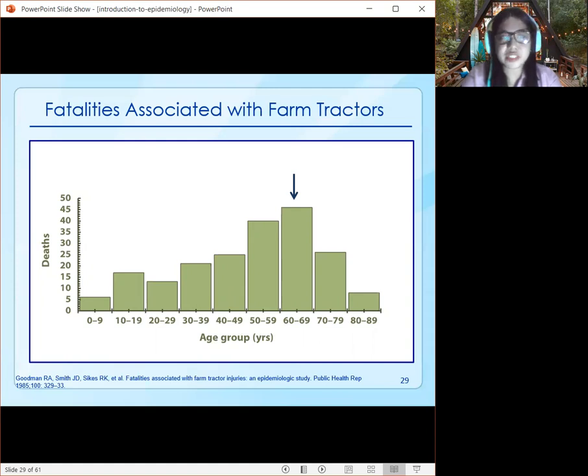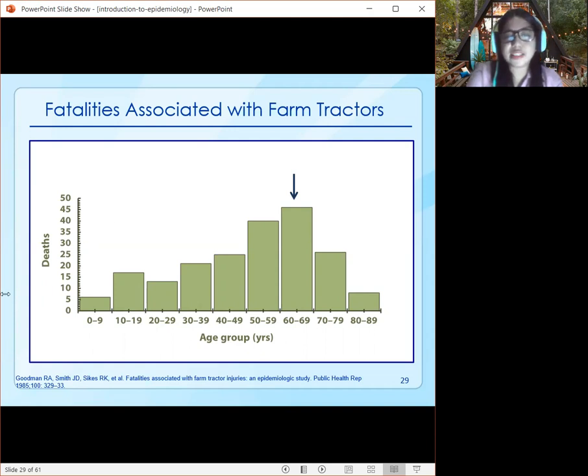We need the frequency to compute the rate, but we also need the population, because obtaining the value of the rate means computing the frequency of age 60 to 69, for example, over the population. Unfortunately, we cannot tell because we do not have the data for population. So we have incomplete or insufficient data to answer that question.